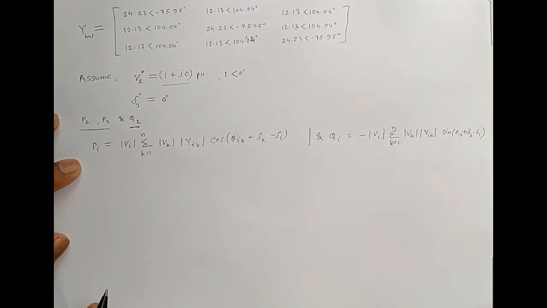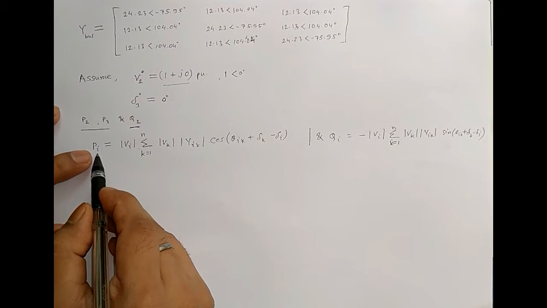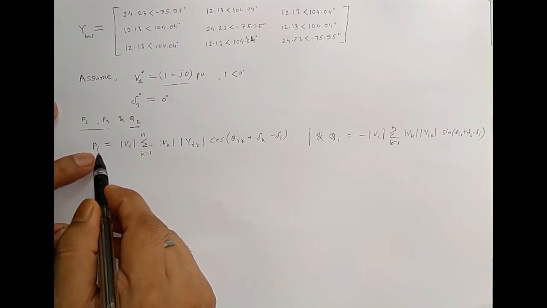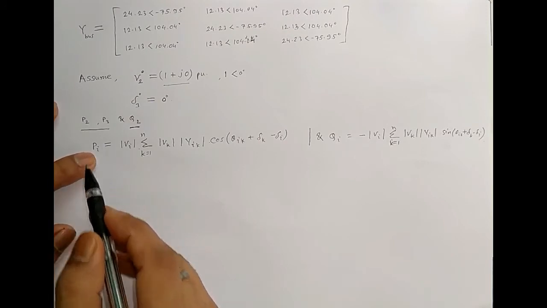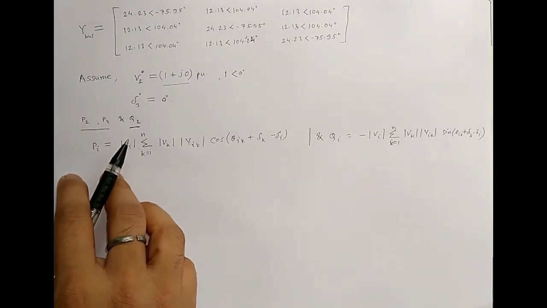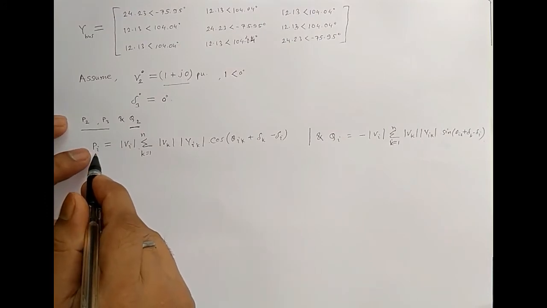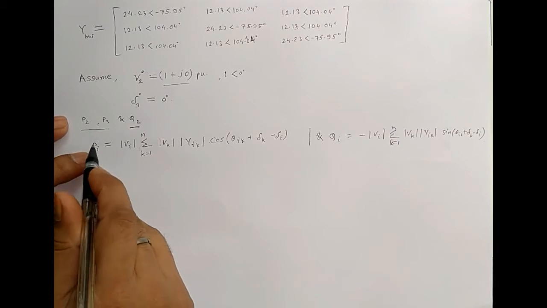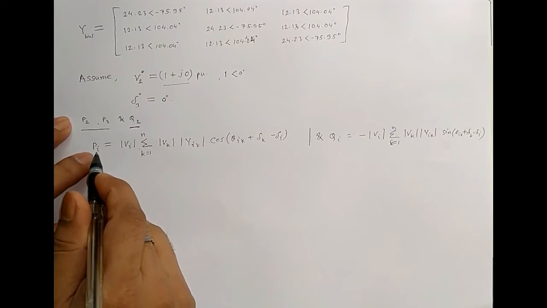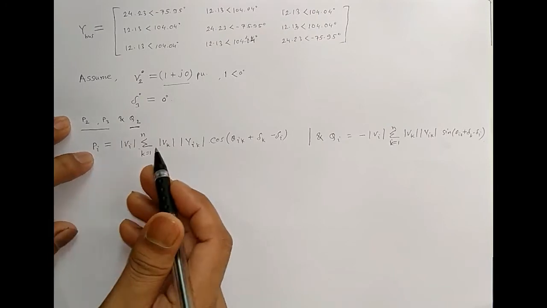This is for Q. So now here I varies from 2 to the number of buses. The number of buses is 3, total 3 buses in the system. So we have to calculate P2 and P3, putting I from 2 to 3.